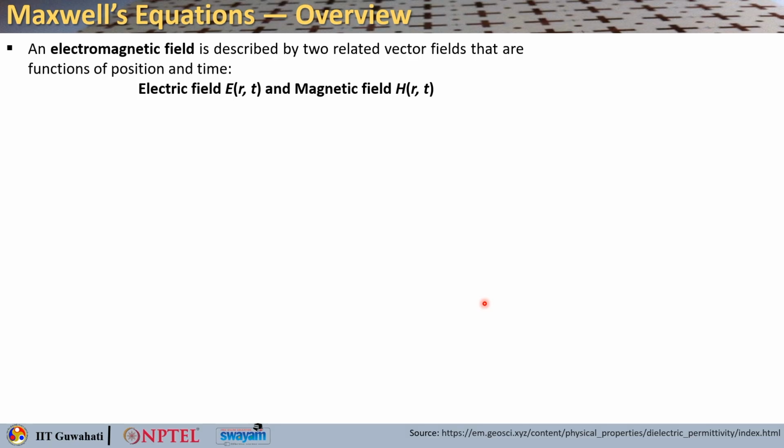We have seen that the electromagnetic field is described by two related vector fields that are functions of both position and time.